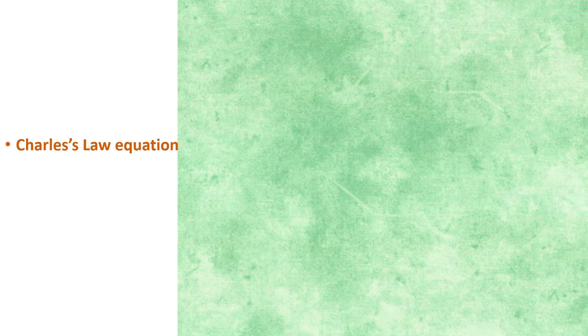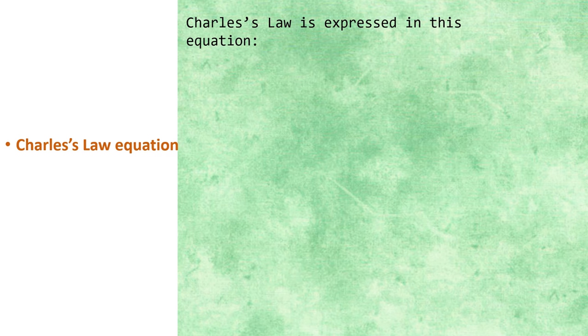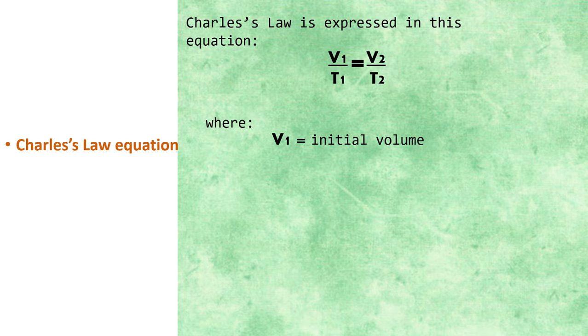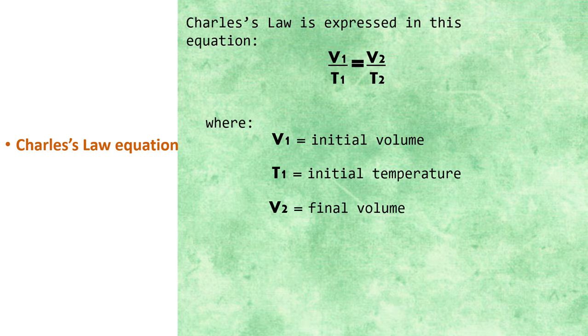Let's have Charles' Law equation. Charles' Law is expressed in this equation: V sub 1 over T sub 1 is equal to V sub 2 over T sub 2, where V sub 1 refers to the initial volume, T sub 1 is the initial temperature, V sub 2 refers to final volume, and T sub 2 signifies the final temperature.